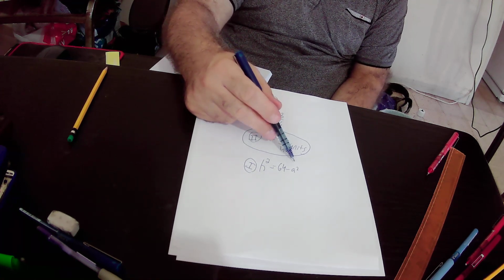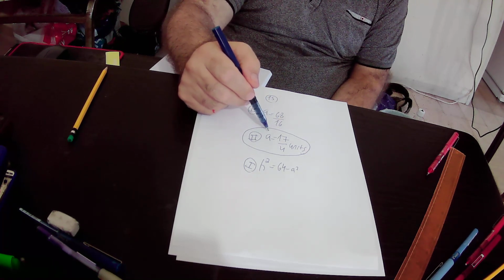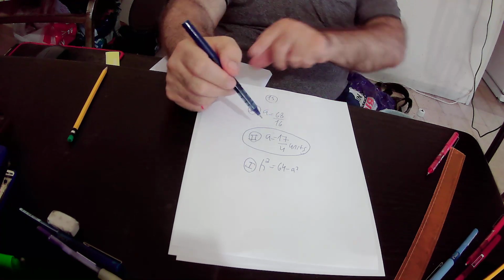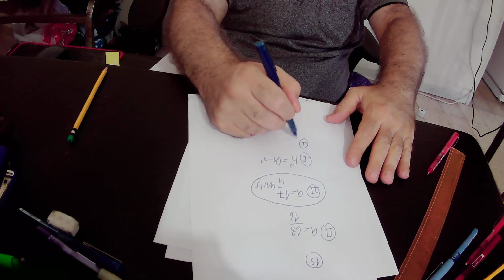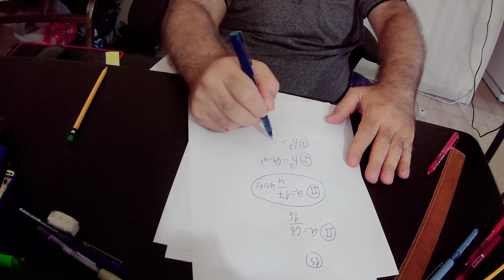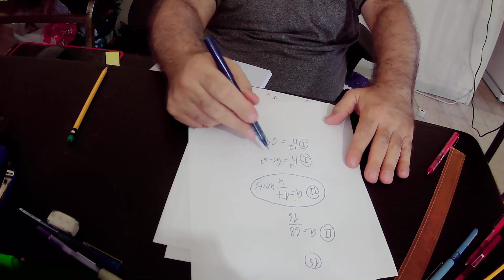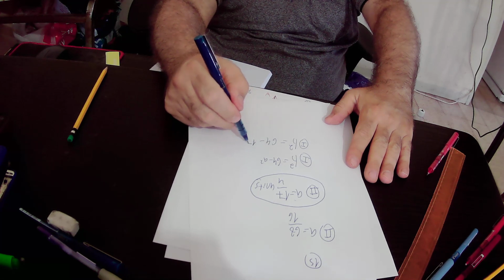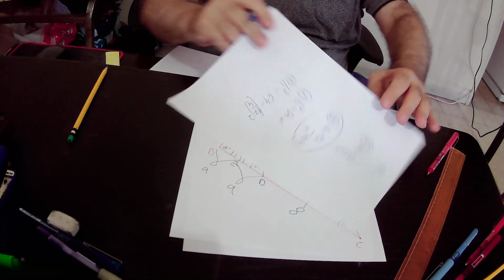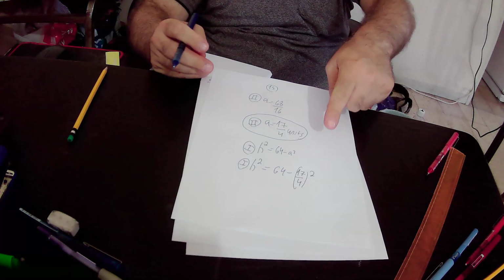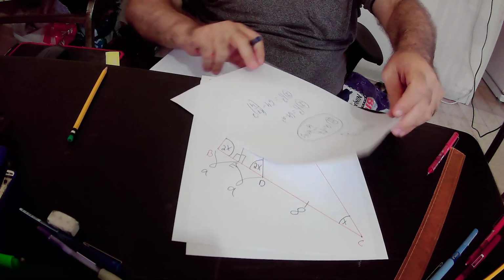So we can substitute A squared from here. So H squared will be equal to 64 minus, A is 17 over 4, so A squared is (17 over 4) square. We got that H squared equals 64 minus (17 over 4) square.